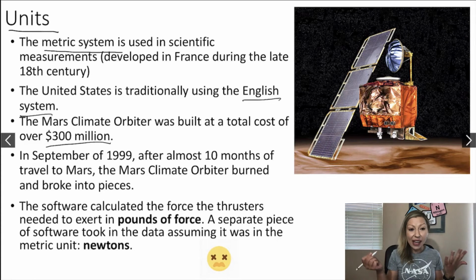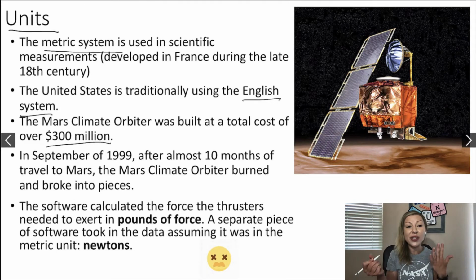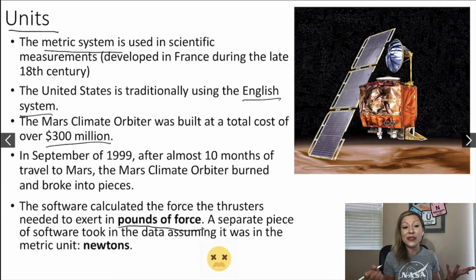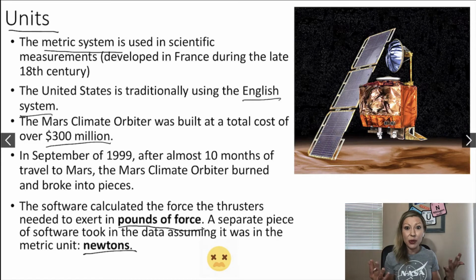So, actually, the software calculated the force of thrusters needed to exert in pounds per force. And the separate piece of software took the data, assuming that it was in metric units, newtons. It was a pretty big deal just mixing up units. So, if you will work at NASA or any other place, make sure that you have your units right.